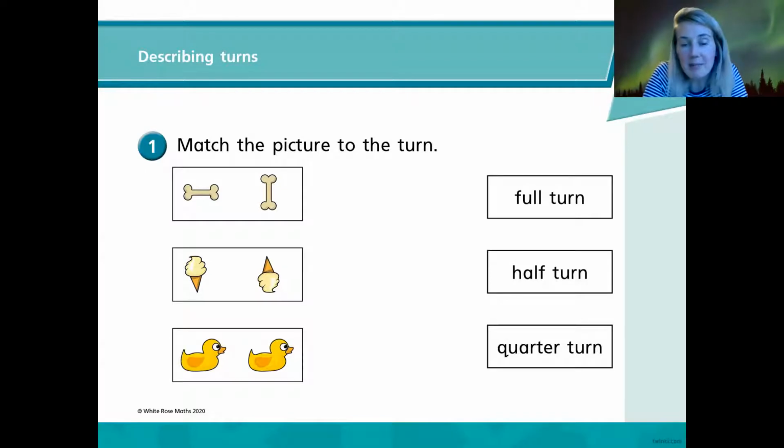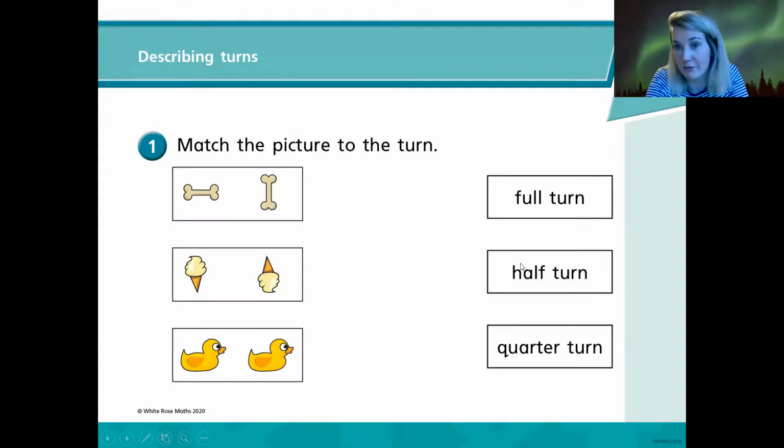Right, describing turn. So look at this picture here. Can you see these labels? You've got full turn, oh, sorry, I clicked it. Full turn, half a turn and quarter turn. Did this ice cream cone, right, that hasn't done a full turn.